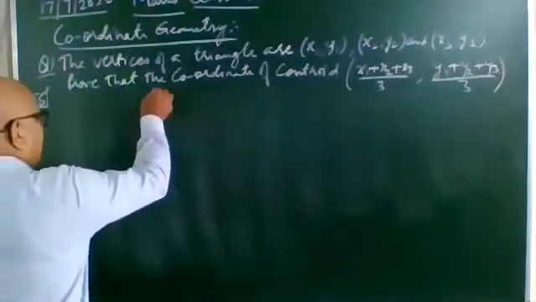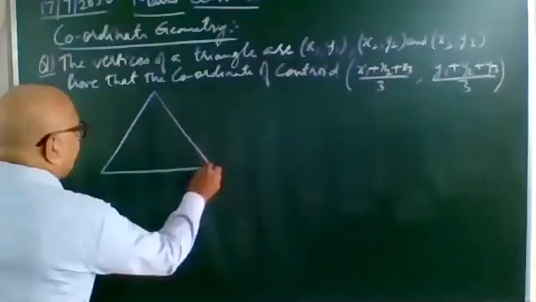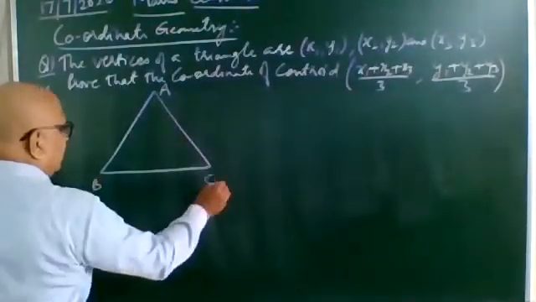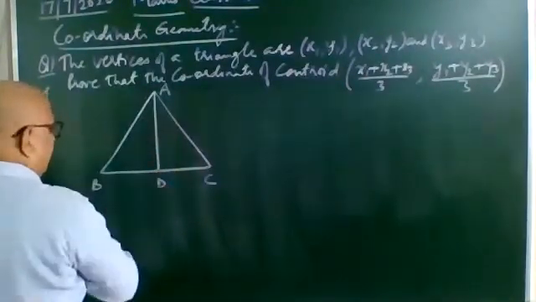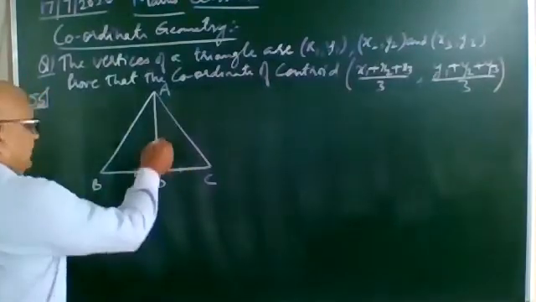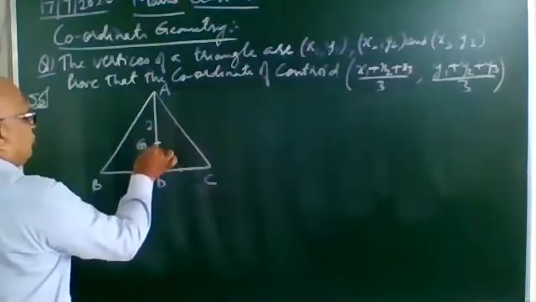So first of all, you make this diagram: triangle A, B, and C. This is D, the midpoint. G is the centroid, dividing in 2:1.